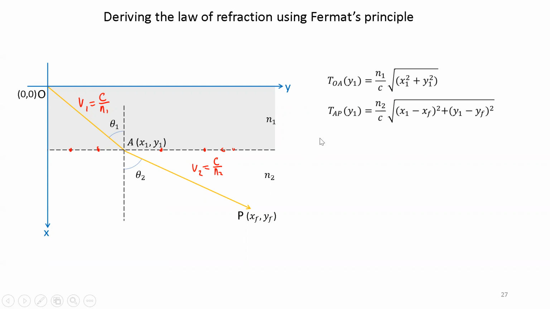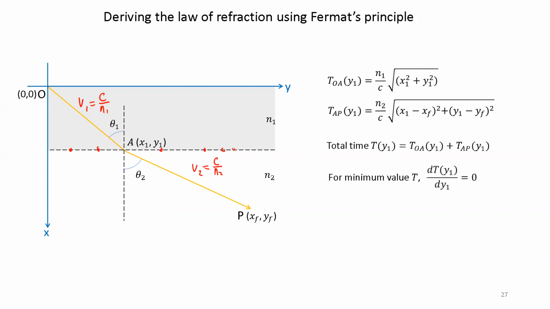So the total time is just these two functions added together. To find the minimum value, I just need to take the derivative of this total time and set it to 0.